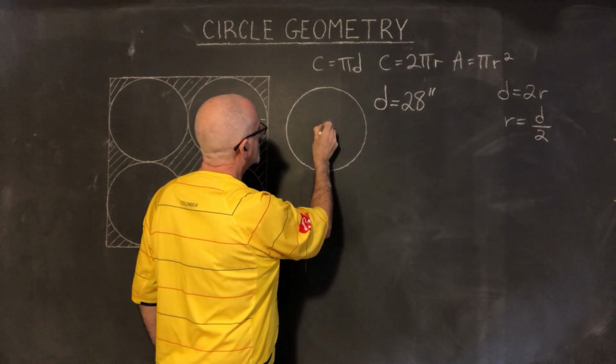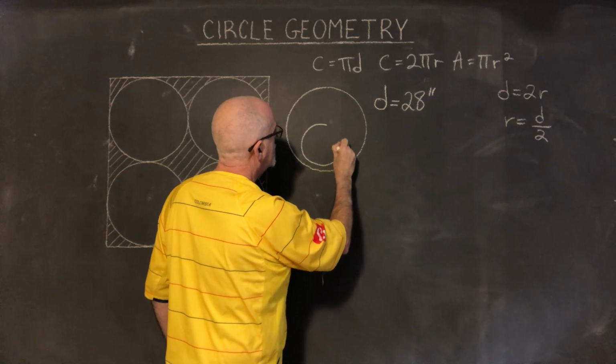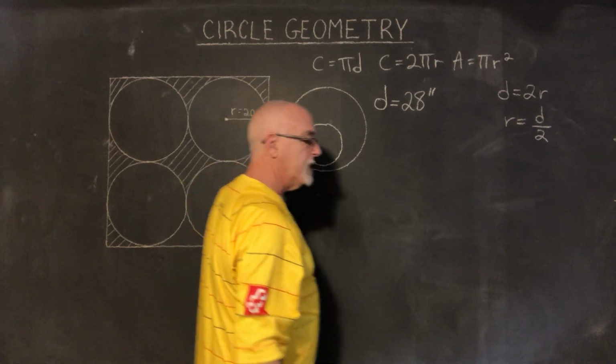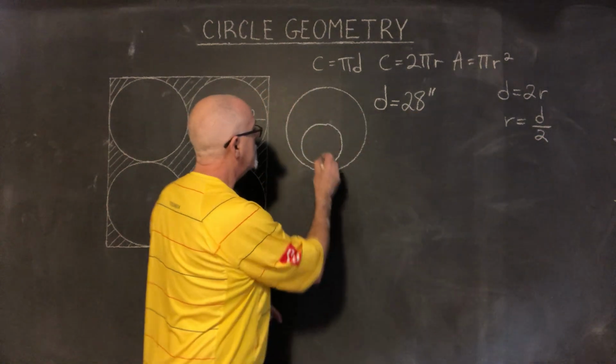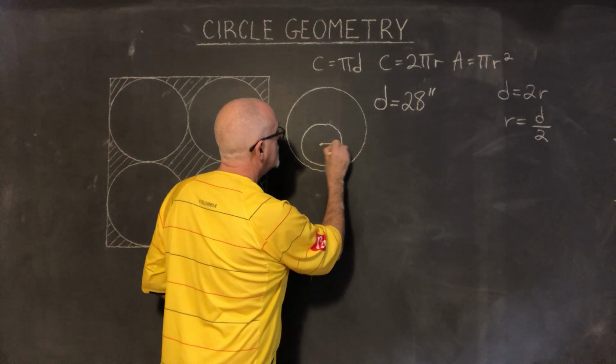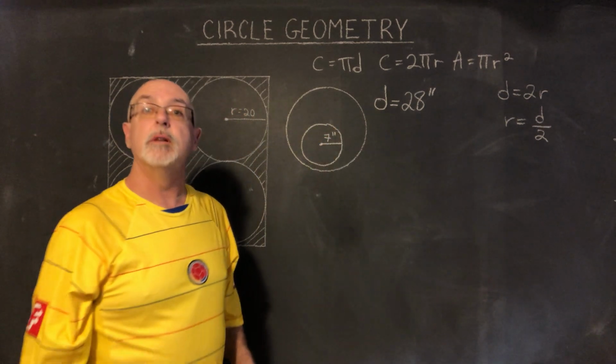The smaller circle that I'm going to cut out is going to have a radius of 7 inches. I had to write that pretty small.